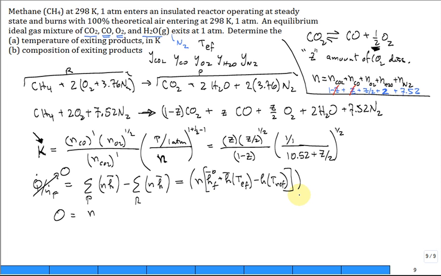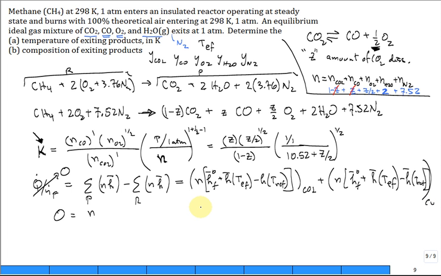First product would be CO2. Then you would do the same thing. You would say N times the enthalpy of formation plus the enthalpy at the unknown equilibrium flame temperature, that's the product exiting temperature, minus h bar at T ref. And that's all for the second product, which is CO.